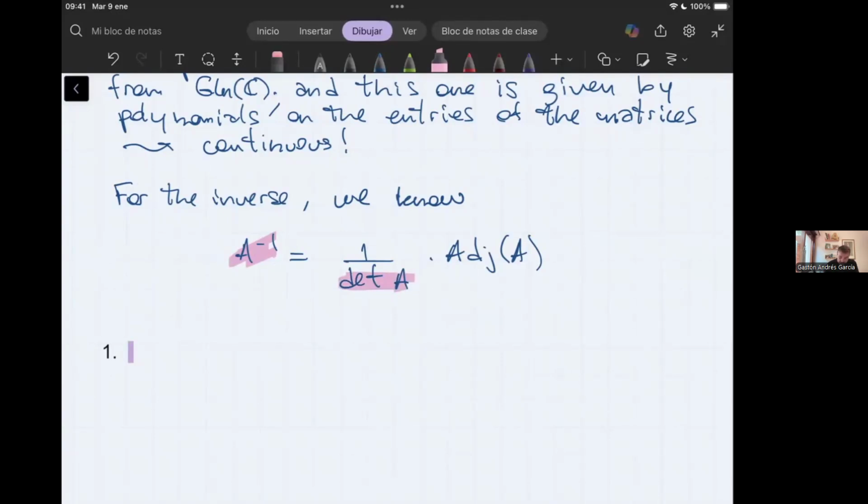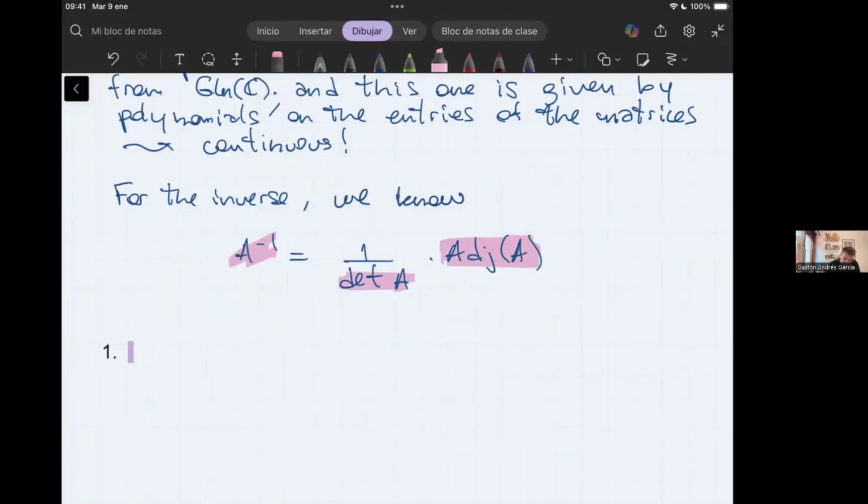And the adjoint matrix is computed by the cofactors. Each cofactor is a determinant, which is again a polynomial function on the entries. So in every entry, we have a rational function, and these rational functions are continuous because we are dividing by something that is not zero, because we are looking at invertible matrices, okay?